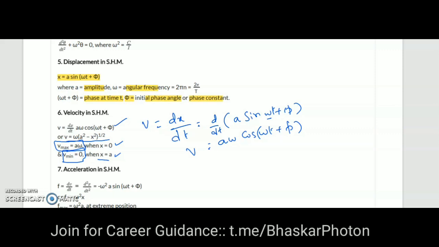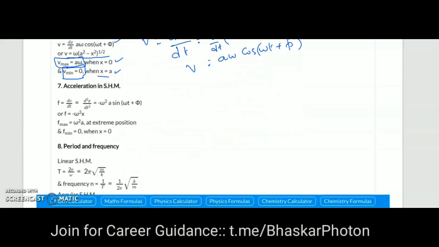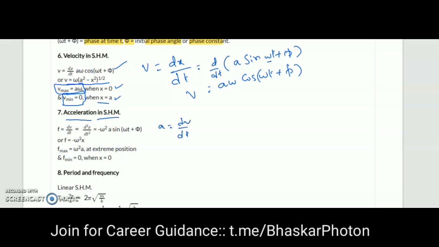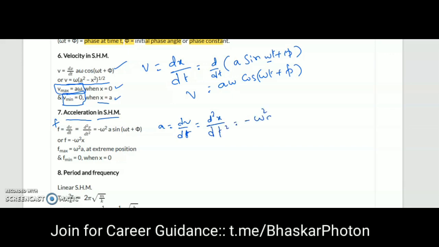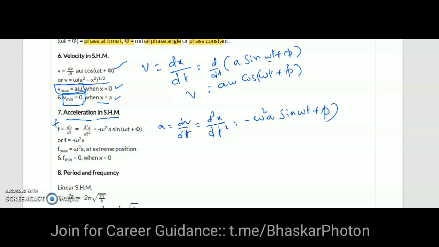Similarly, acceleration in simple harmonic motion, a, is dv by dt, or here represented as f, that is d square x by dt square, which is minus omega square a into sine omega t plus phi.